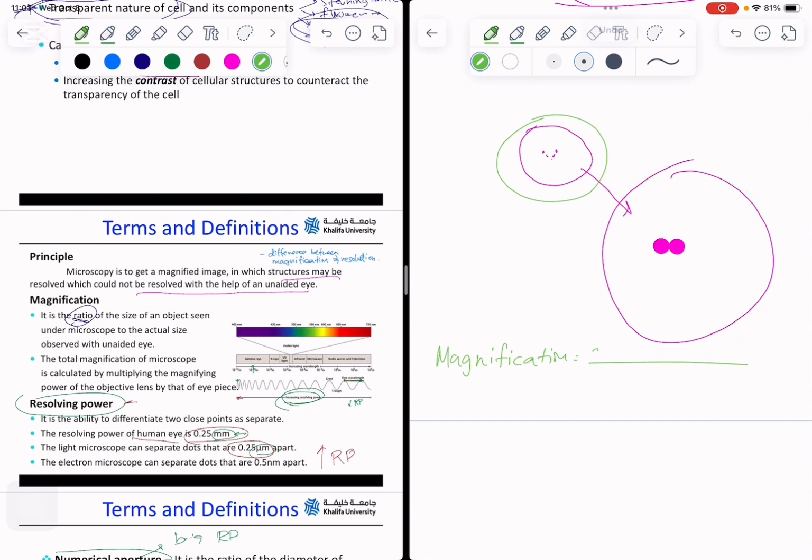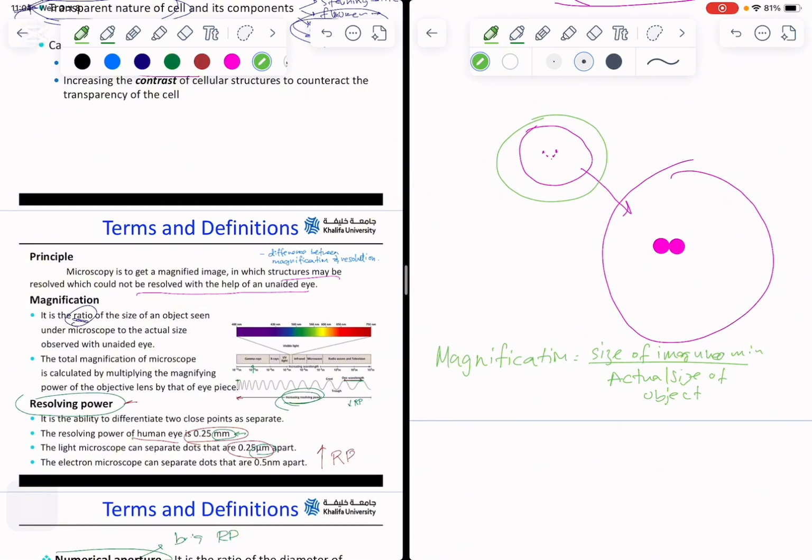So it's the size of the image under the microscope, over the natural or actual size of the object, or of these two dots, assumingly. So this is what magnification is.